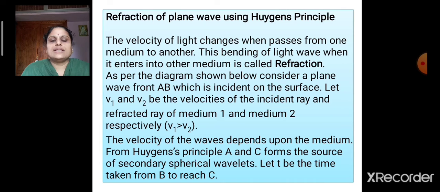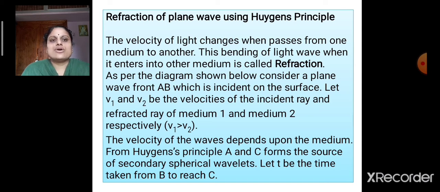So we have seen that as per the diagram, a plane wavefront AB is incident on the surface. Let V1 and V2 be the velocities of the incident ray and refracted ray in medium 1 and medium 2 respectively. And we had seen that V1 is greater than V2.